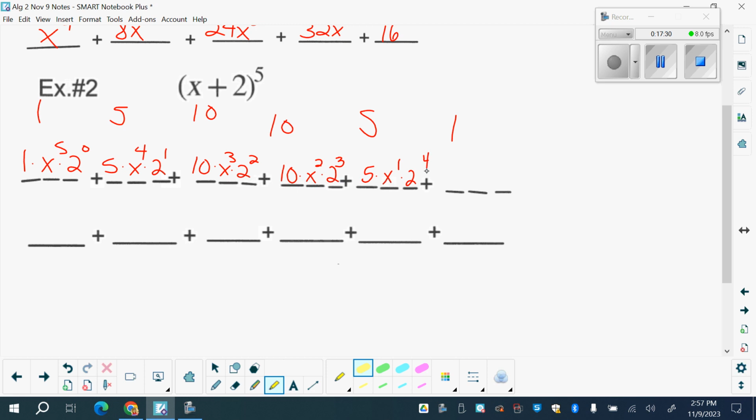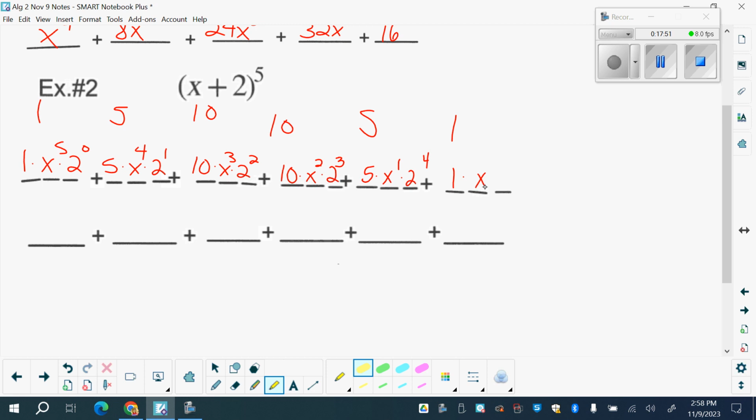And last one, tell me how to find that. Omar, how do I find the last one? 1 times? What's happening with the exponent on the x's? This is a 5, this is a 4, this is a 3, this is a 2, this is a 1.